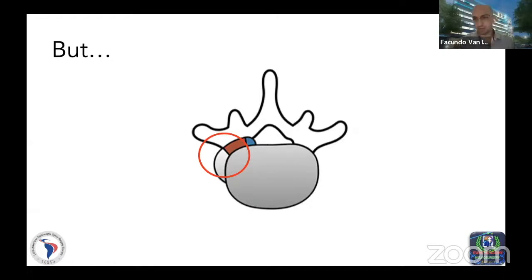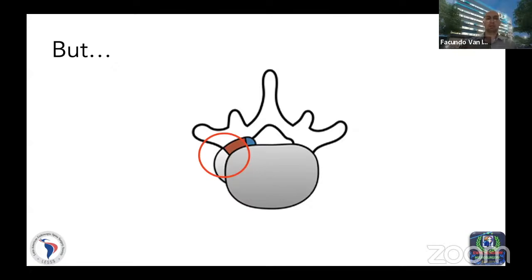What happened is really interesting, because the interlaminar approach demands more freedom of movement and maybe more skill from the endoscopic surgeon. When you are doing an interlaminar approach, you're no longer limited to the disc space. You have to be able to navigate through the anatomy with your hands, with the endoscope.